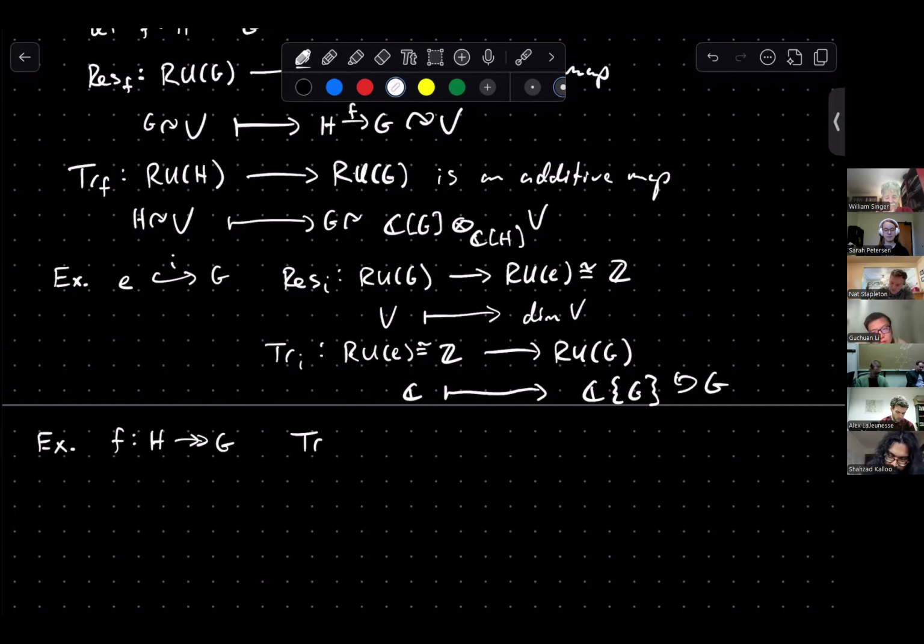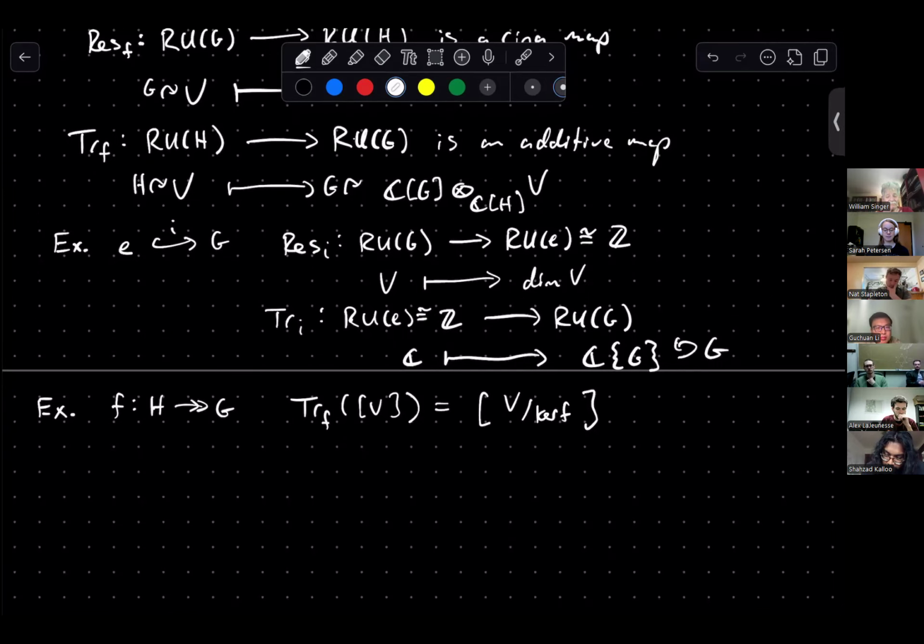So if I take the transfer along F of some H representation V, what you get here is the isomorphism class of the G representation that's V mod the kernel of F. So a transfer along a surjection is taking the quotient by the action of the kernel. And that's a good one to think about.